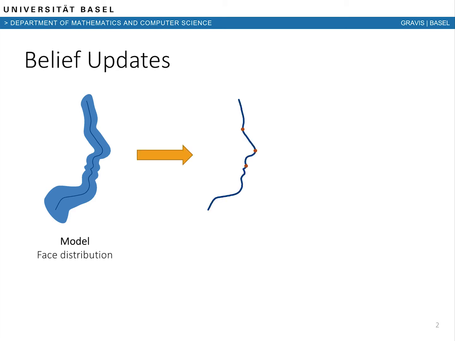This can be a standard shape model, for example. Now we make three observations. So we know about the location of three of the points, one at the eye, one at the nose and one at the mouth, and want to integrate this additional knowledge stemming from this observation. These are concrete points and they can possibly be uncertain.